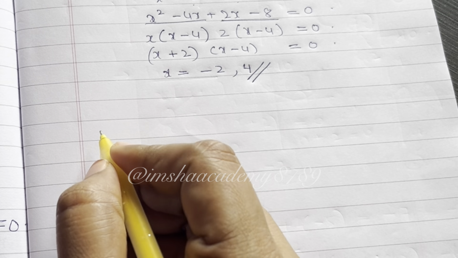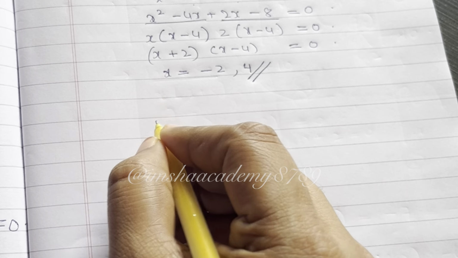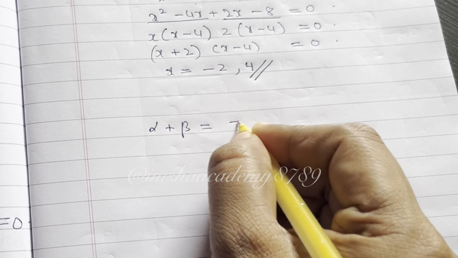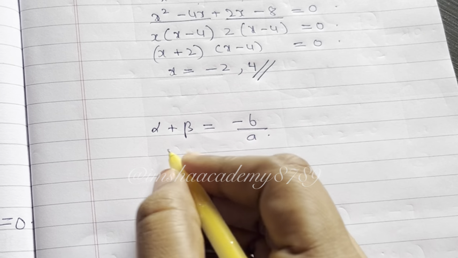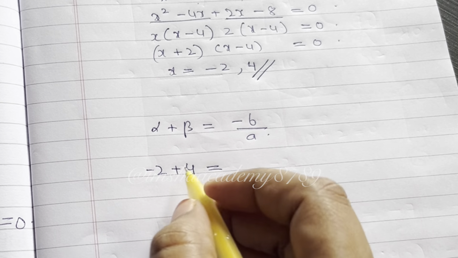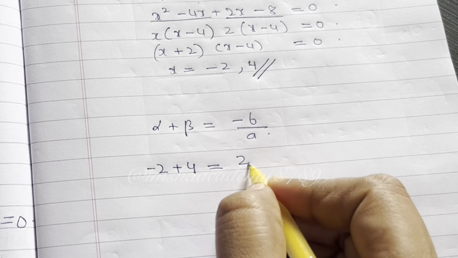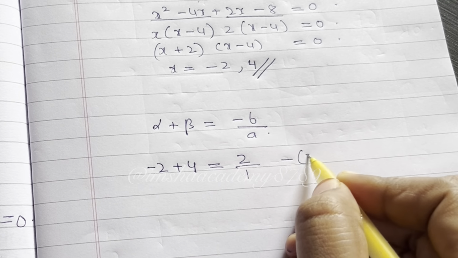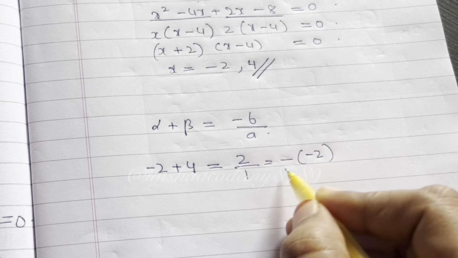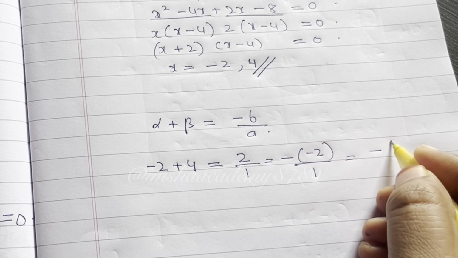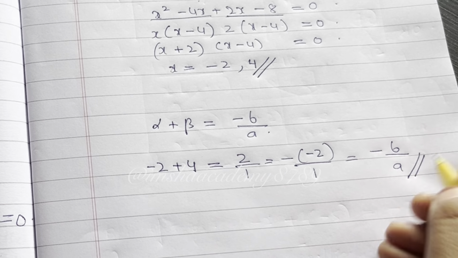Now we will find the sum of zeros. That is alpha plus beta, which should be equal to minus b by a. Minus 2 plus 4 is equal to 2. So you can write it as minus of minus 2 by 1, that is nothing but minus b by a.